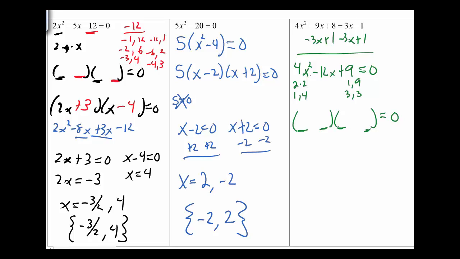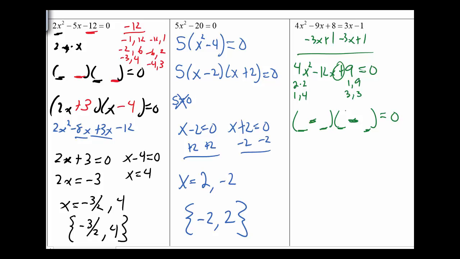And I want to end up with a negative 12 in the middle there. Well, one other thing I notice is I've got a positive 9 at the end. So that means either both numbers were positive to start off with in the factored form, or they're both negative. So with that minus 12 there means they've got to be both negative somehow.